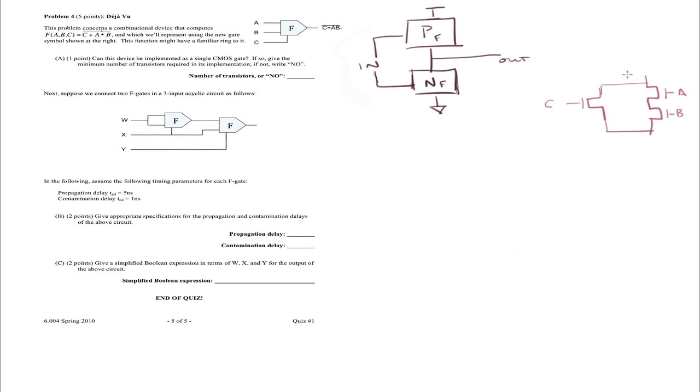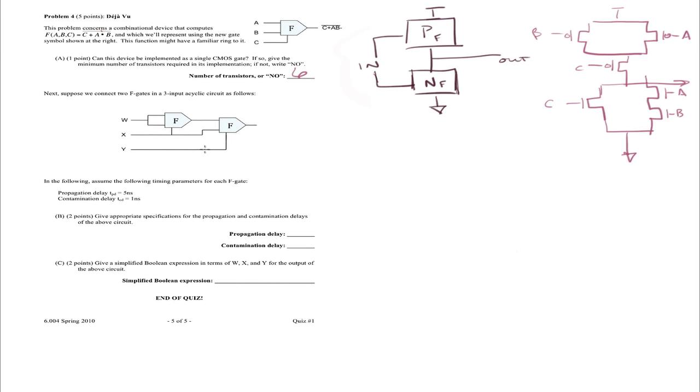So for the complementary PFETs, we just make the C in series with the parallel A and B. Now, that's the output. So it looks like we can do this with a single CMOS gate with 6 transistors.